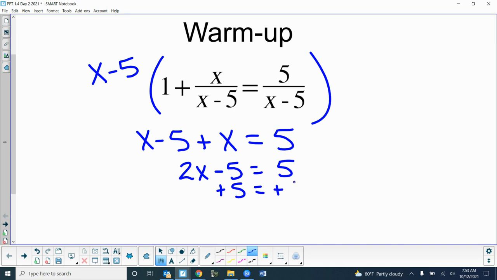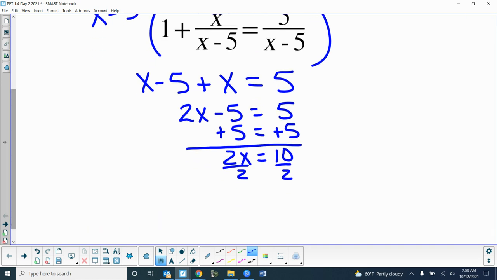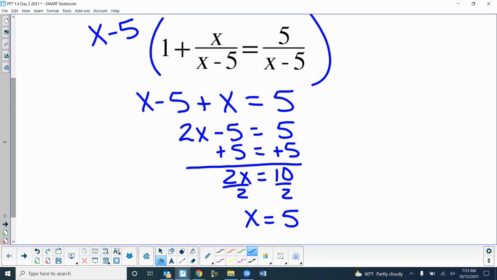Add 5, so I get 2x equals 10, and divide by 2, and what do we get? 5.